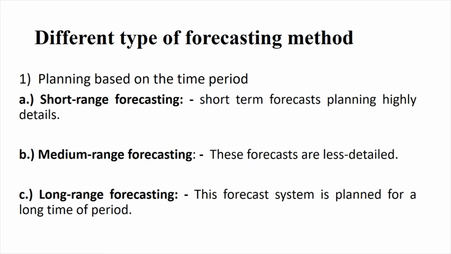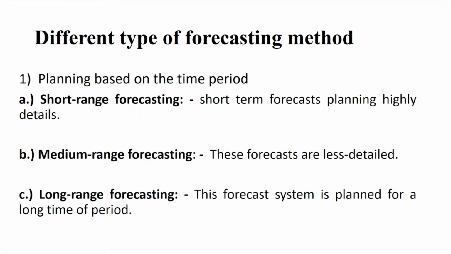Short term forecasting plans are highly detailed. They are maintained for a short period of time, like a retailer who wants to sell out his stock. So he will forecast for 1 month for the sale of his whole product.